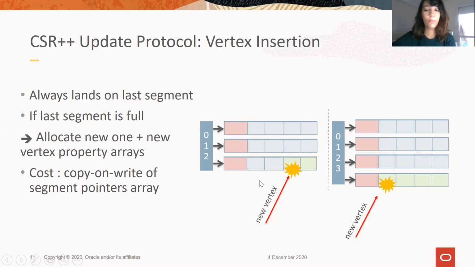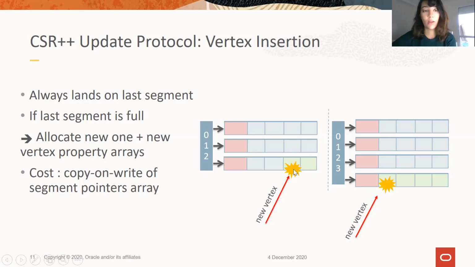To be able to insert a new vertex, we always check the last segment. After we populate the segments, we have either some space left in the last segment or we don't. In case we have, we're gonna make a vertex valid.